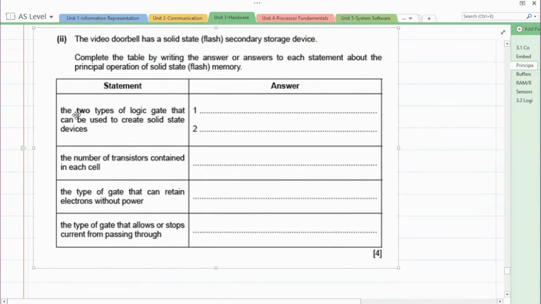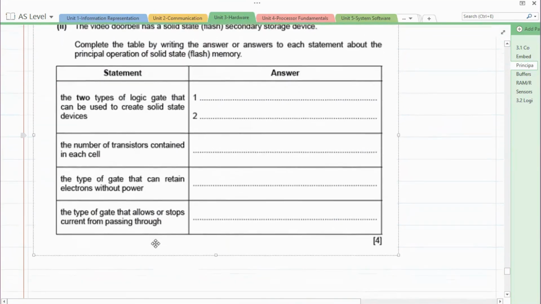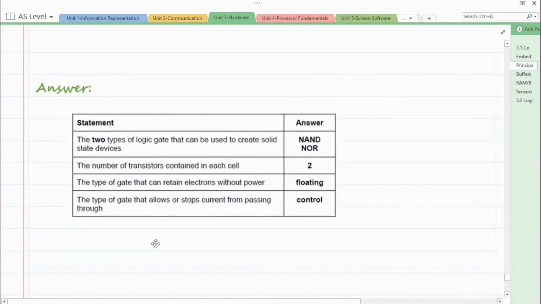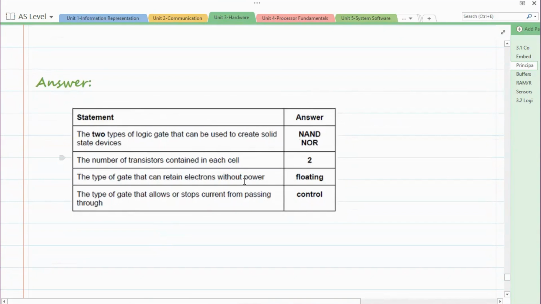The two types of logic gates that can be used to create solid state devices: we have learned about this. One is NAND and the other one is NOR. Number of transistors, there are two. The type of gate that can retain electrons is the floating gate, and the type of gate that allows or stops current from passing through is known as the control gate. So this is the answer key for this question.